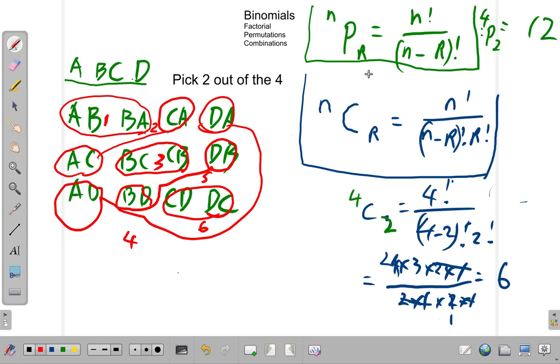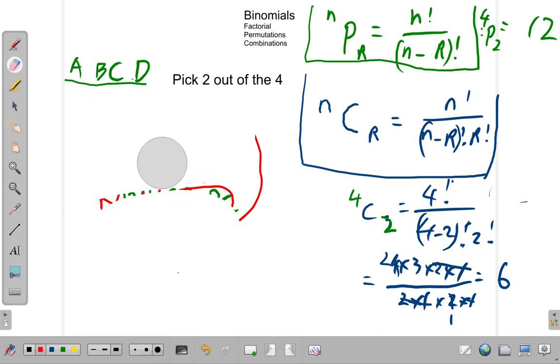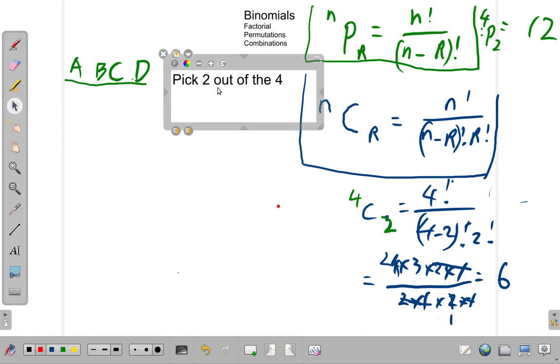Now, suppose you choose 1 out of the 4. Let's erase these things here and choose 1 out of the 4 available items and see what will happen. So you choose 1 out of 4.